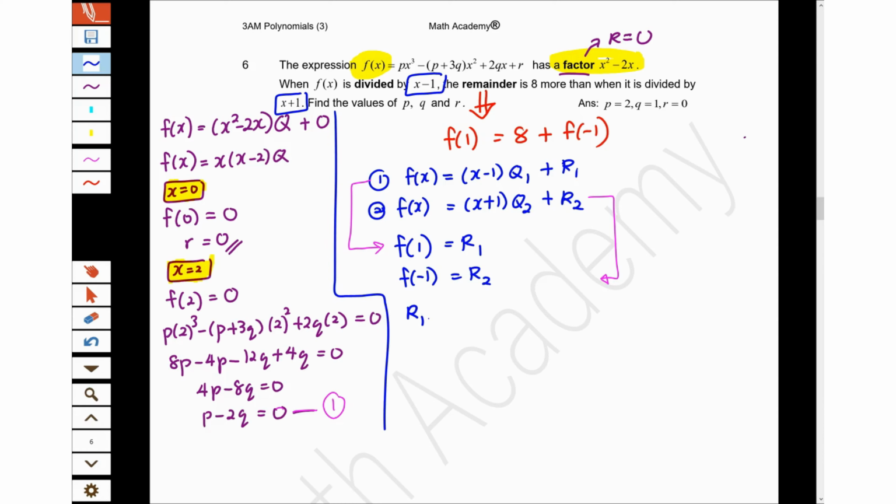So r1 is f(1), right? f(1) implies that you're going to substitute your 1. Careful of what you're copying, there are a lot of variables here. Your x is 1, plus r.